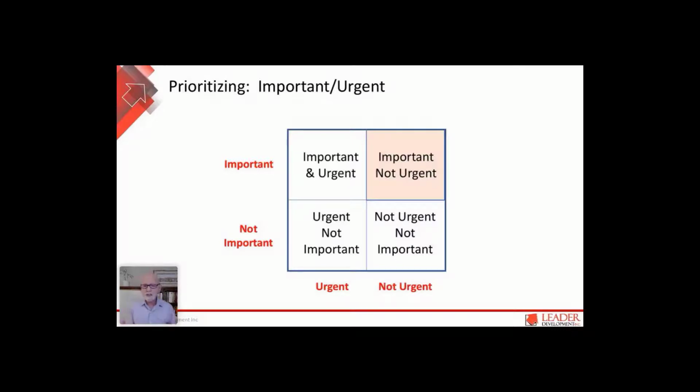In fact, somewhere between 60 and 65%, most leaders spend their time in what is urgent and not important. We spend about 25% of our time in quadrant 1, which is important and urgent, and that's normal. But we miss the importance of important but not urgent.